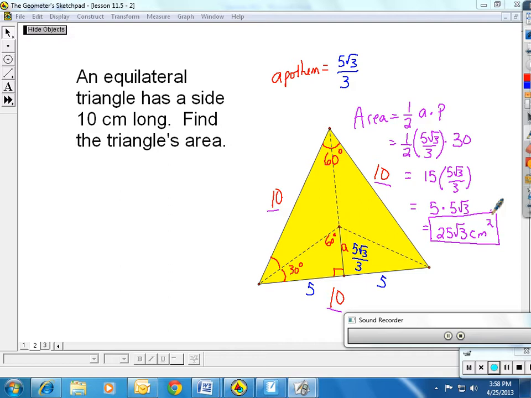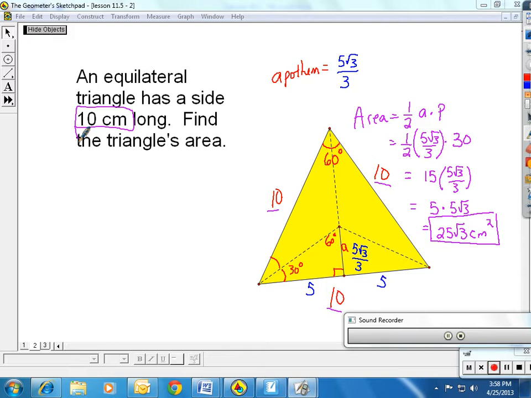I gave you side length. From side length alone, you are able to find the area. That should say something about this shape being simple and easy to understand. All we need to know is the perimeter or each side length of the equilateral triangle, and we can calculate its area.